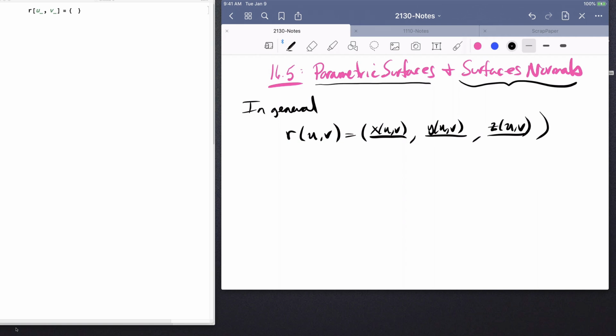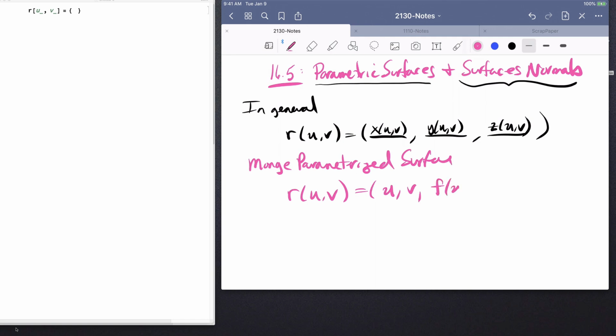Okay, and one of the most common examples is something called the Monge parameterized surface. This parameterization looks like the following: r of u comma v is equal to u comma v, and then f evaluated at u, v, where we know that z is some sort of function of x and y.